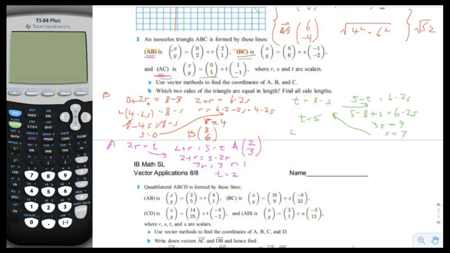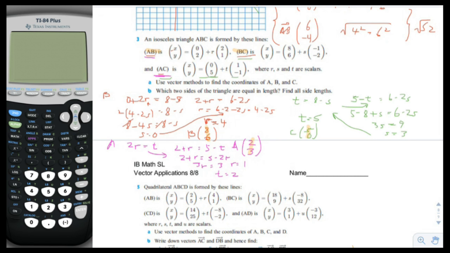So the x-coordinate would be 5, and the y-coordinate would be 5 minus 5, which is 0. Okay. So our three coordinates would be here, here, and here.